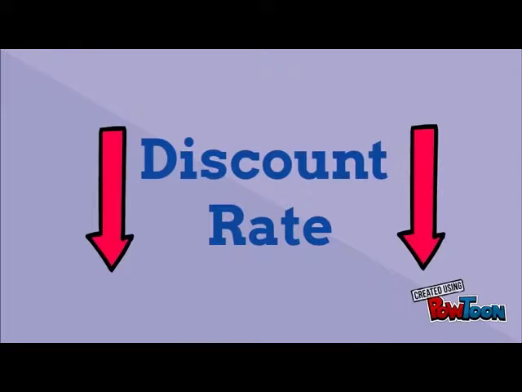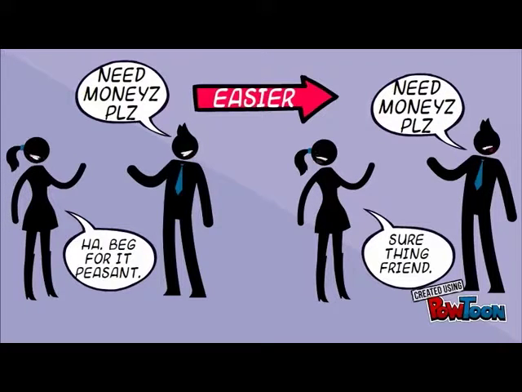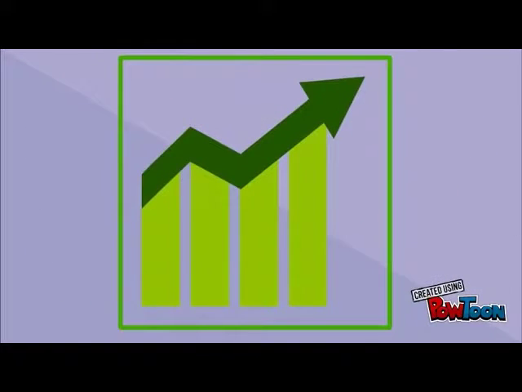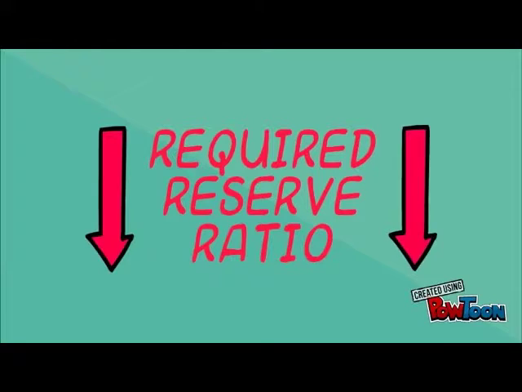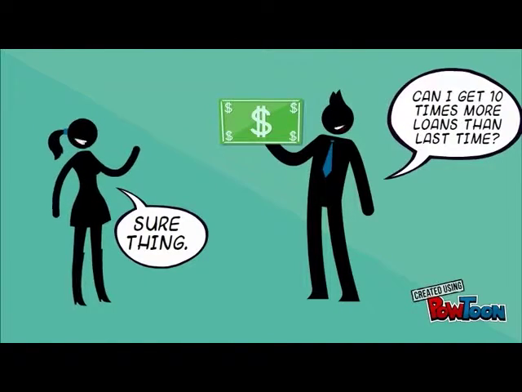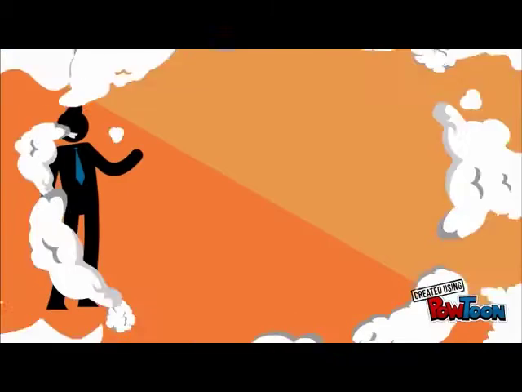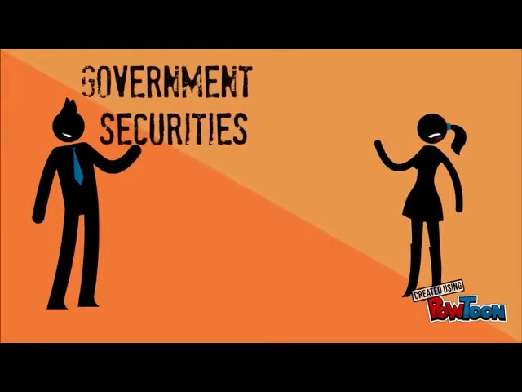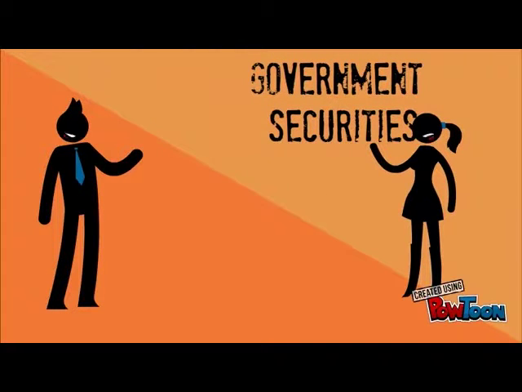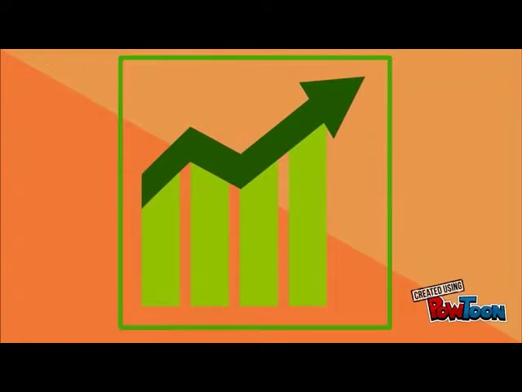By lowering the discount rate, it makes it easier for banks to borrow from the Fed, placing more money in the economy. By lowering the required reserve ratio, it allows banks to make more loans, creating more money in the economy. The Fed also buys government securities such as government bonds, which increases the money supply in the market.